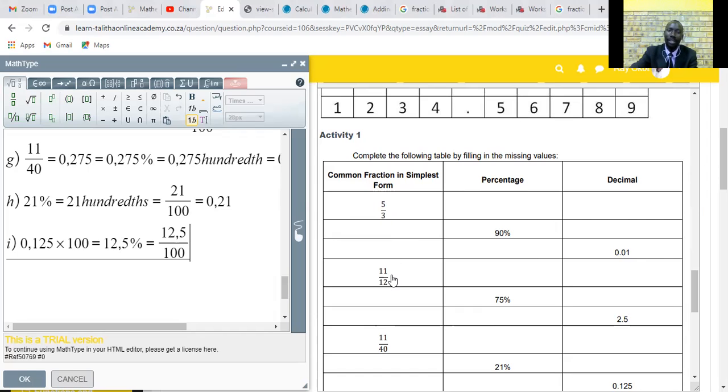If a number is given in common fraction, put it over 100 to get the percentage notation, or attach the percentage notation to it.